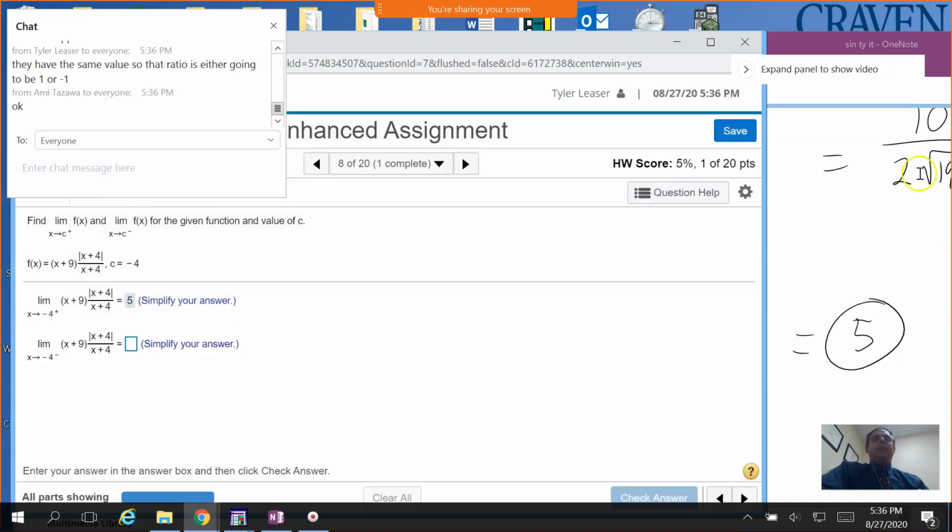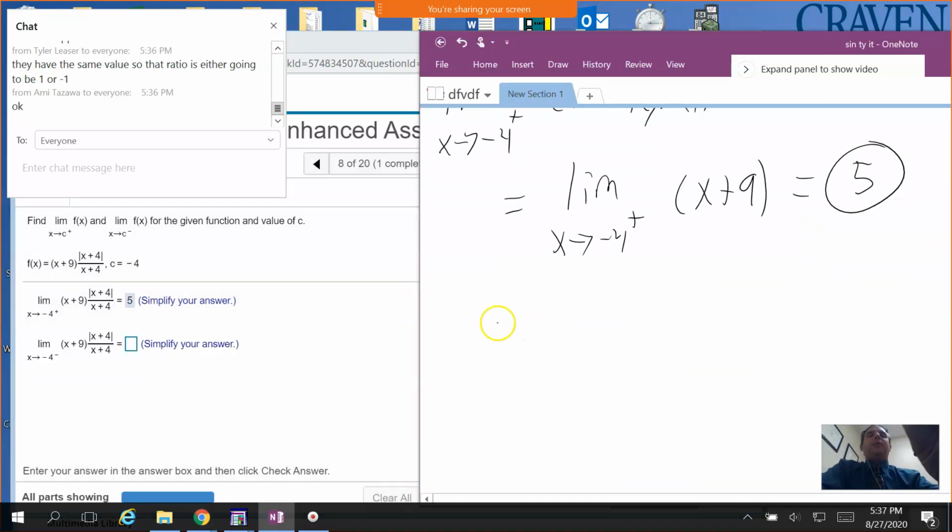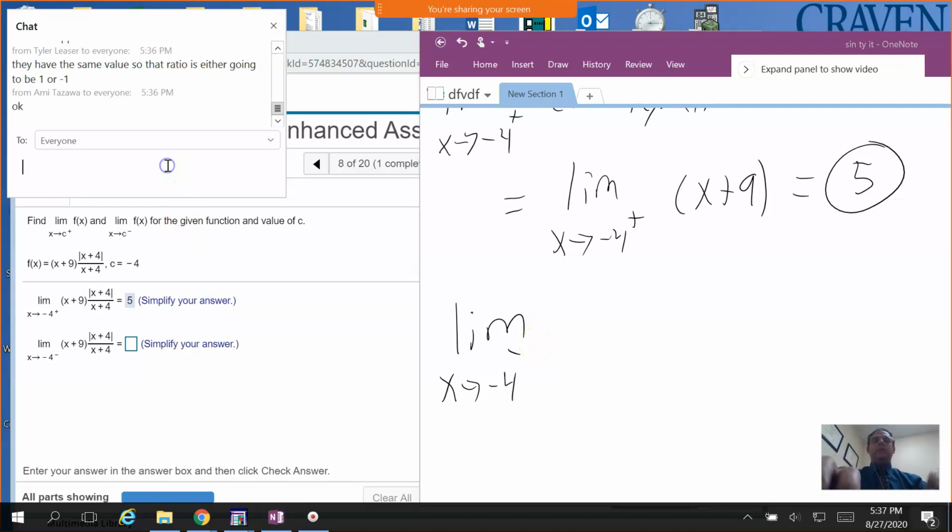The second part of the question is, well, what happens if I approach from the left? When we approach from the left, that ratio is going to be negative because the denominator is negative.